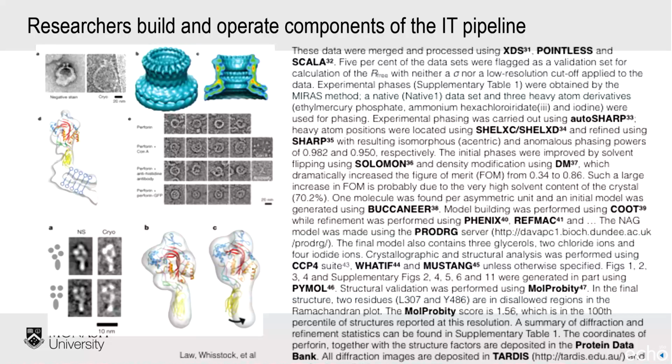It turns out, increasingly, the researchers themselves are coding the elements of that pipeline. Now, here is an extreme version of what I mean to say. This is the acknowledgement section of a paper published in Nature by a group of Monash researchers. And every one of those bold words corresponds to a software package or software module that they wrote or some other person within the international community wrote.